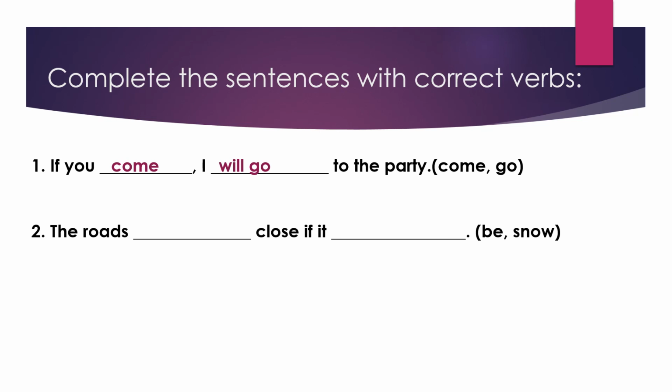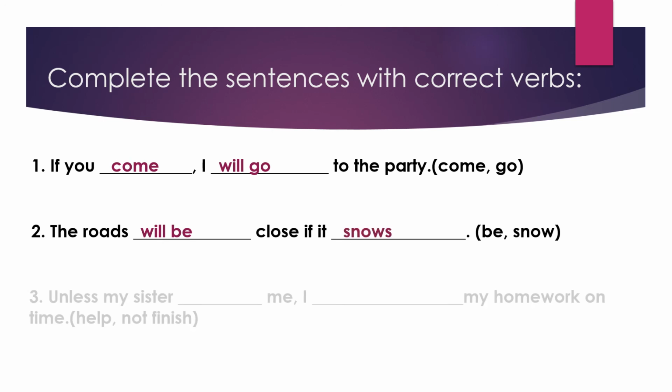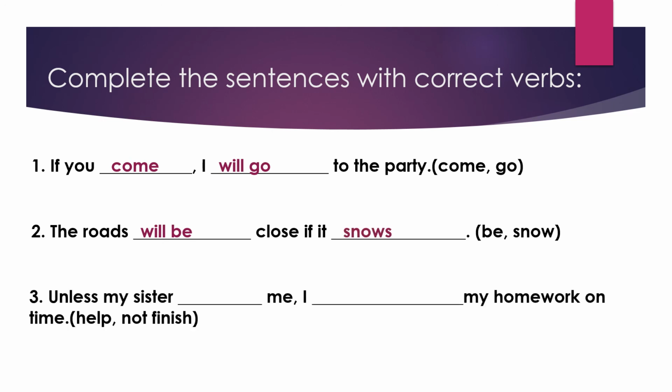Number 2: the roads clause, if it, what, we have be and snow. The roads, this is the main clause and this is the if clause. Here we have the future tense. The roads will be closed if it snows. Number 3: unless my sister, me, we have help.